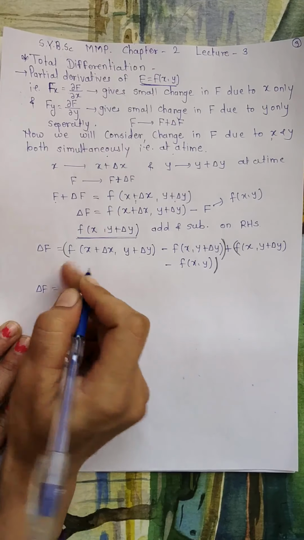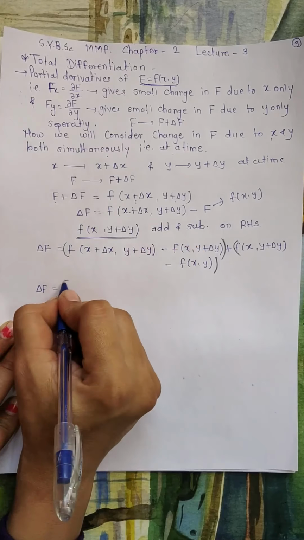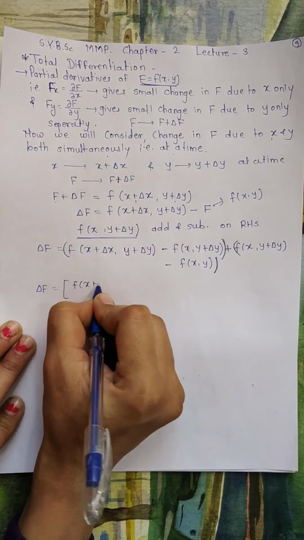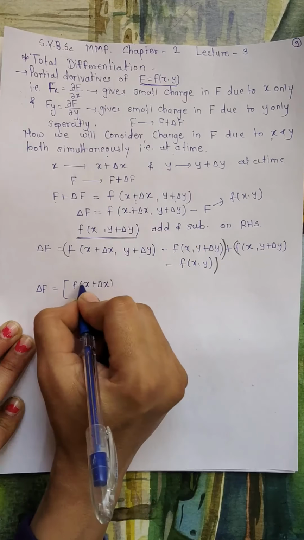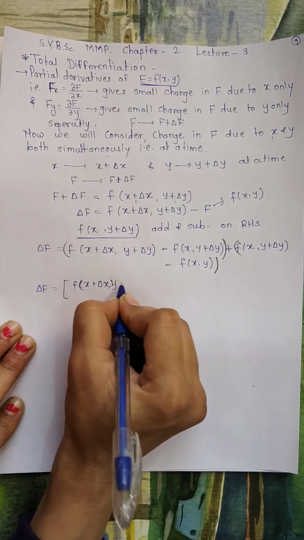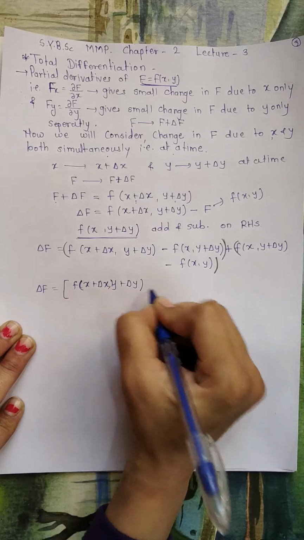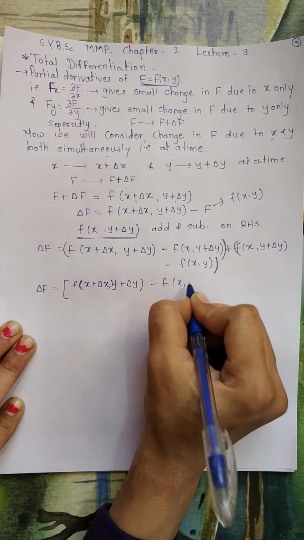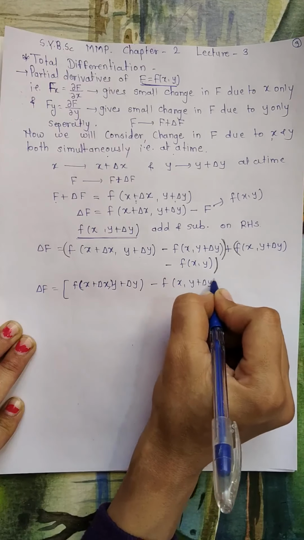Delta f is equal to first this quantity, that is f of x plus delta x, y plus delta y, minus f of x, y plus delta y.